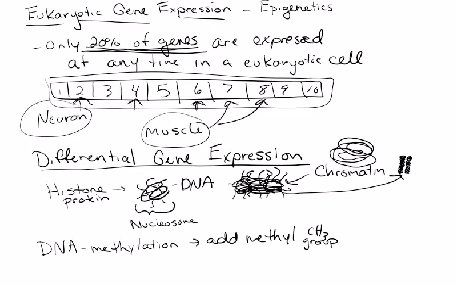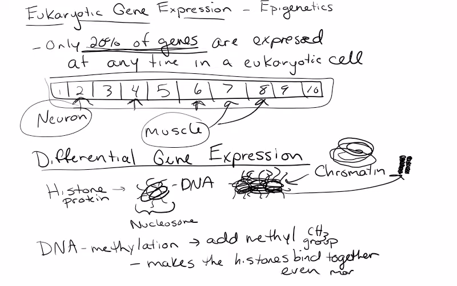And what that does is the methyl group makes the histones bind together even more, okay? So it's going to make these things packed even tighter together. And so with that methylation, they almost act like extra sticky groups, okay, to pull those histones in tighter.